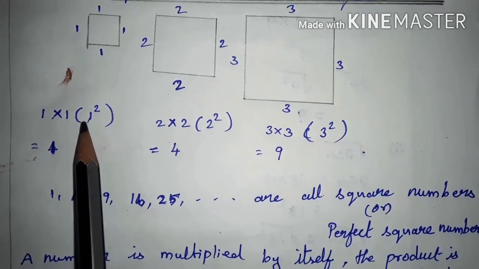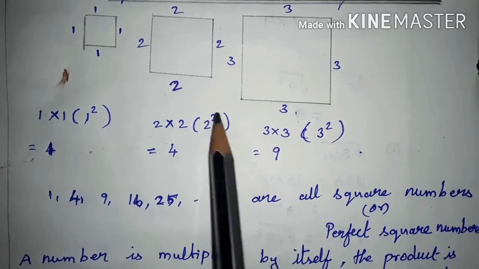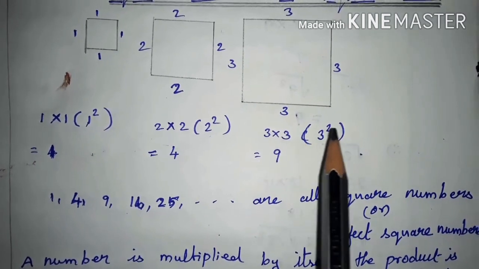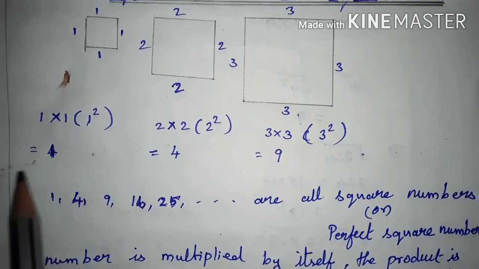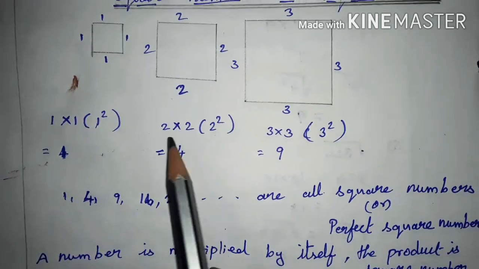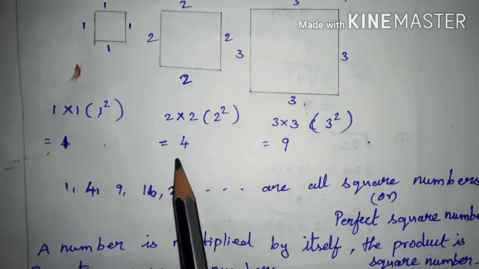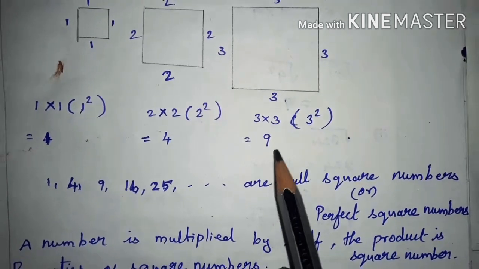We can read it as 1 square, 2 square, 3 square and it goes on. And the product we get when we multiply the number by itself, that is 1 into 1, we get the product as 1, and 2 into 2, we get the product as 4. And 3 into 3, we get the product as 9.